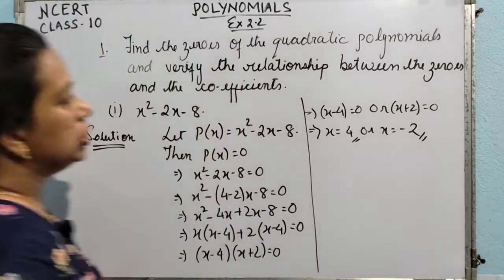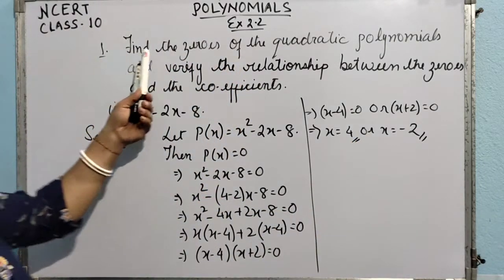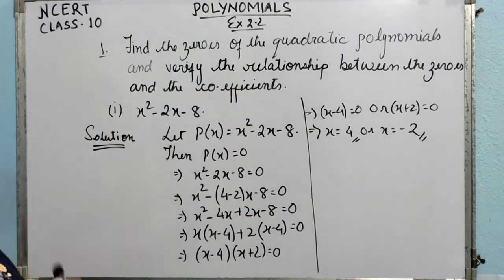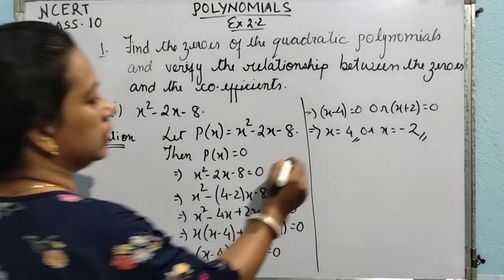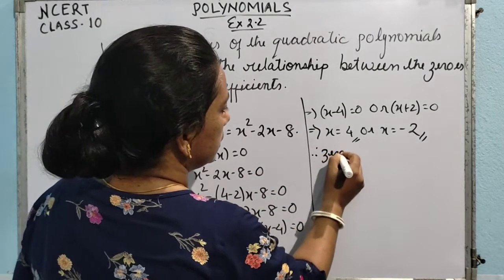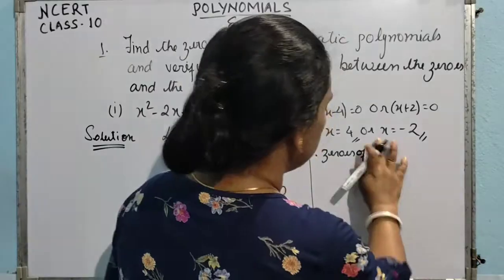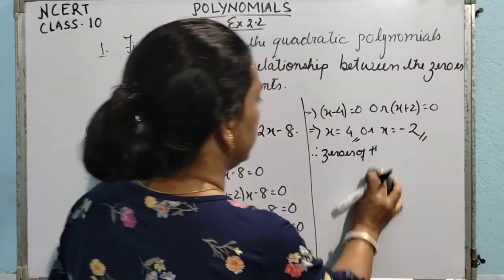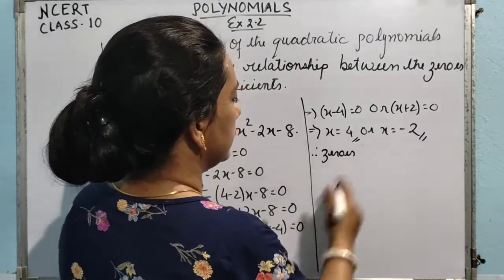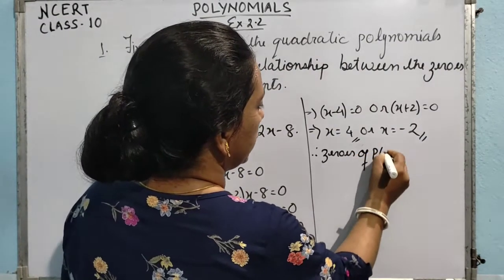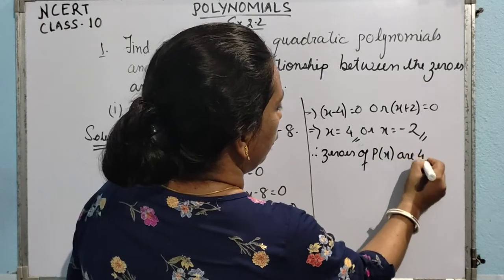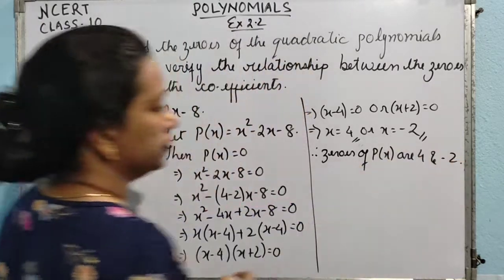So we got the two zeros. The first part is over: find the zeros of the quadratic polynomial. Therefore, the zeros of p of x are 4 and minus 2.